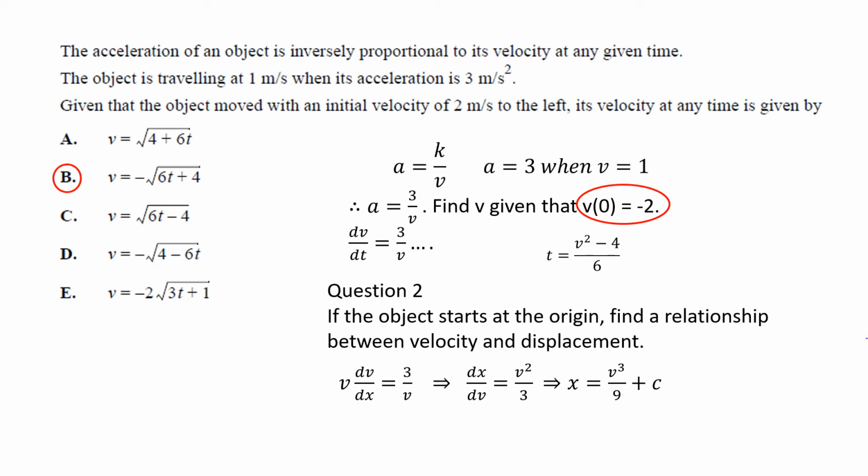It starts at the origin, so we're going to replace x with 0 and v with -2. Moving on, leading to a c value of 8/9, and then we rearrange to make velocity the subject. And there is no plus or minus in this instance, which is nice because it's the cube root. So that's quite a handy situation, less to think about. Okay, good. We're ready for our final question.